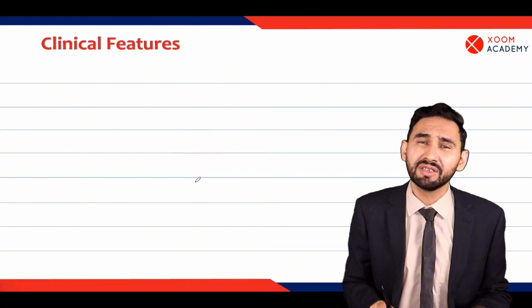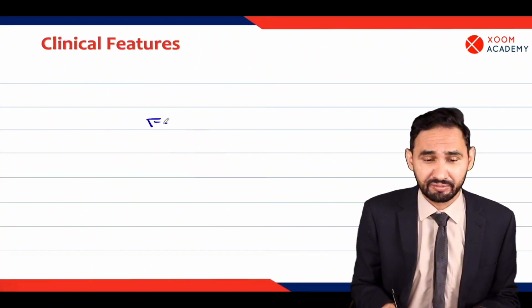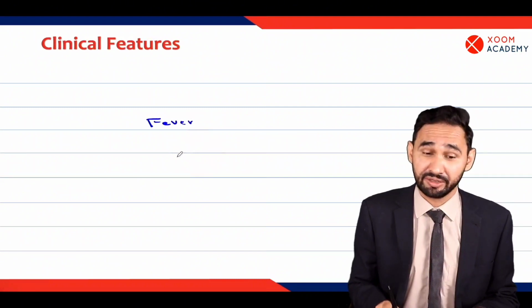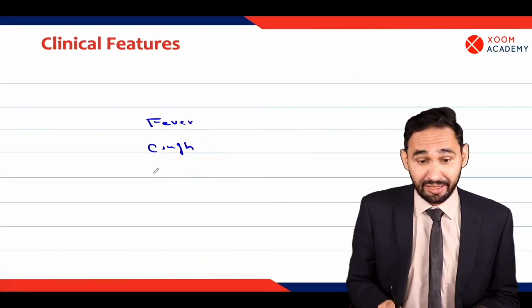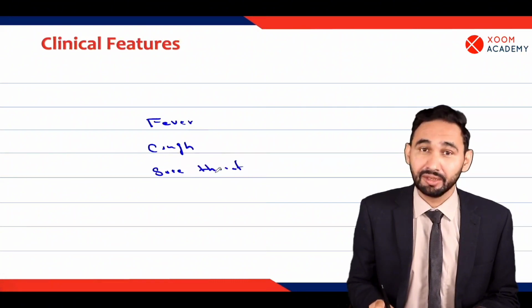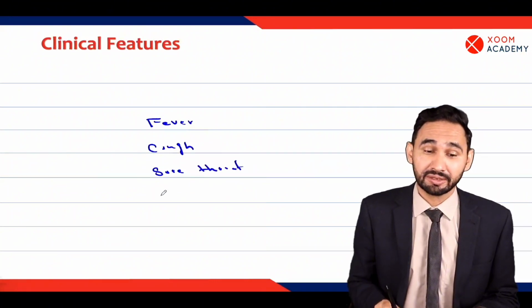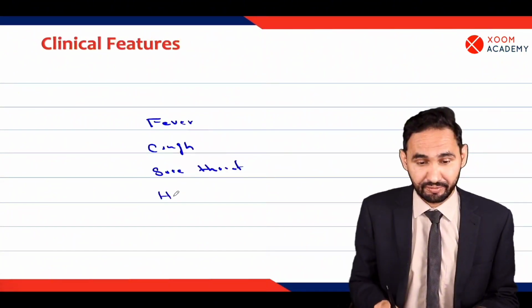What are the clinical features? Major clinical features can be fever, mild to moderate. It can cause cough. It can also cause sore throat. It can also cause hoarseness of voice, because it can spread to the larynx.